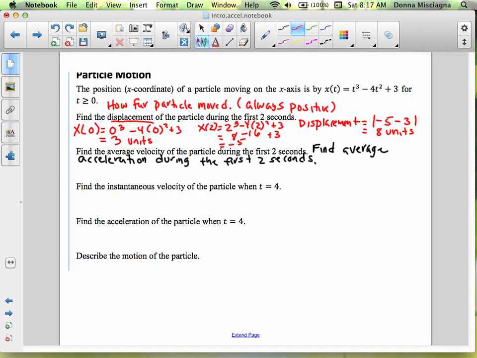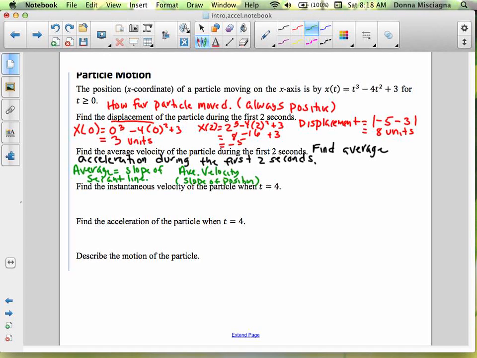All right, so now let's find the average velocity of the particle and the average acceleration during the first 2 seconds. If we're finding an average, that equals the slope of the secant line. So to find average velocity, we find the slope of position.